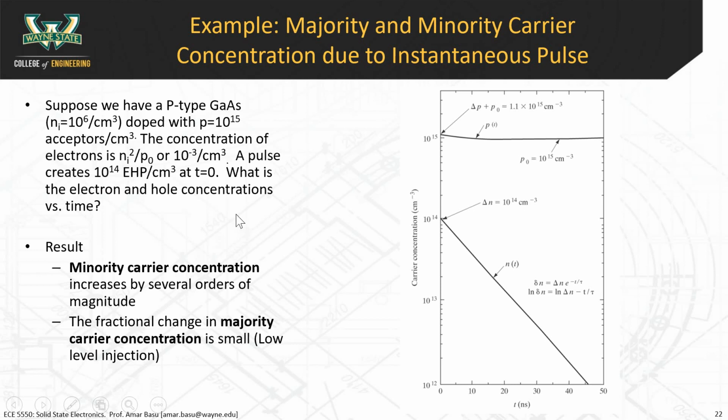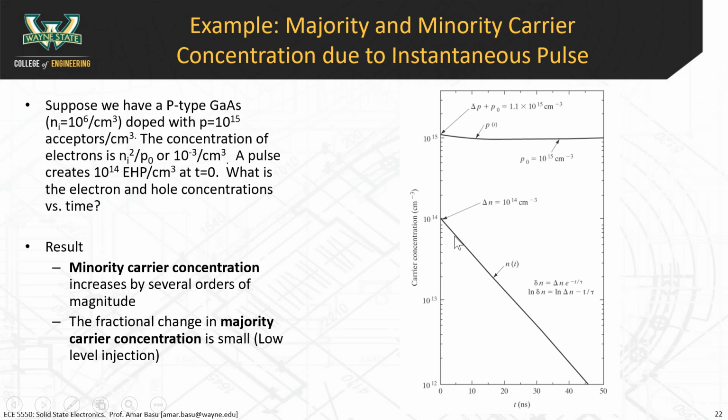The reason is that the equilibrium electron concentration is very low, 10 to the negative 3. If you then add 10 to the 14th electron-hole pairs, electrons per centimeter cubed, due to the light, the majority of your electrons here are going to be created due to the light.